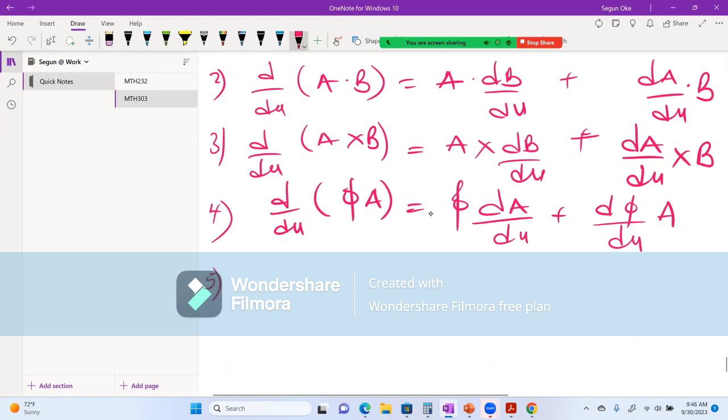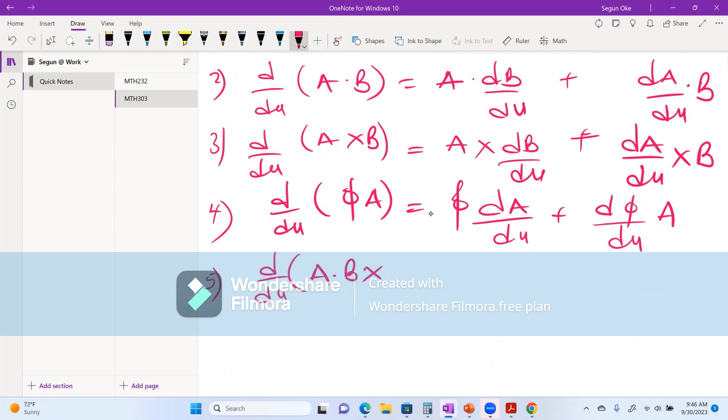Number five, when you have d/du of A dot B cross C. So what do we have?